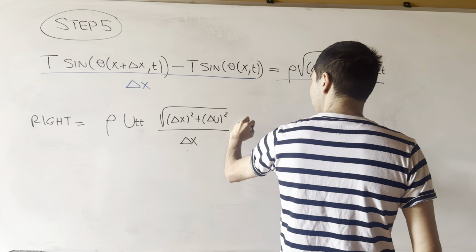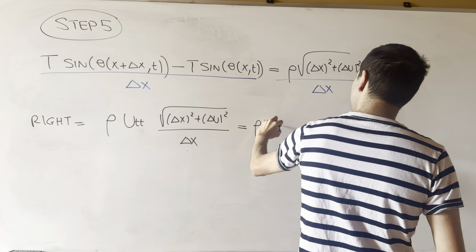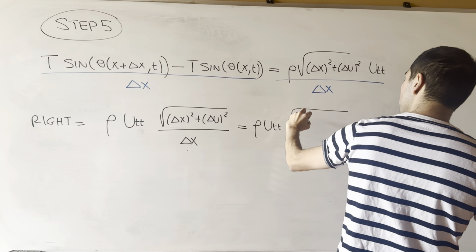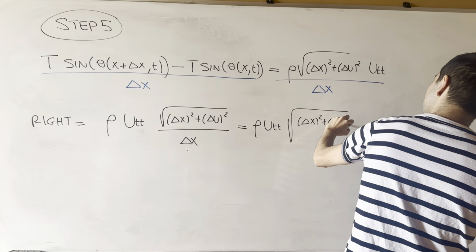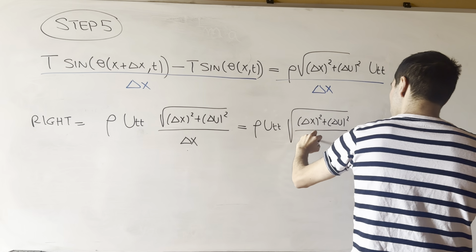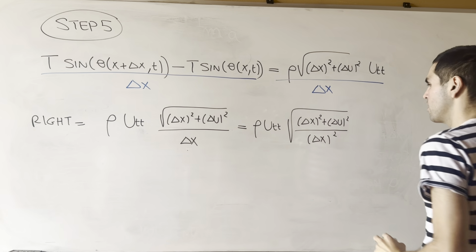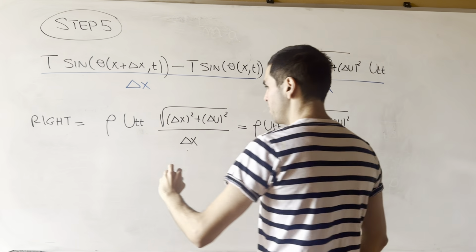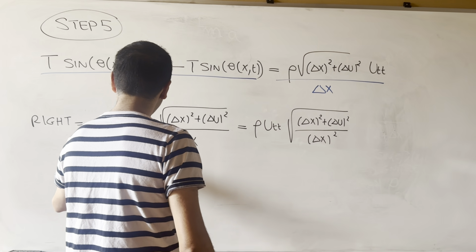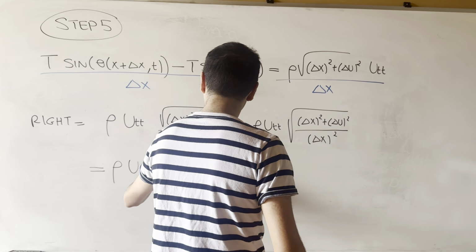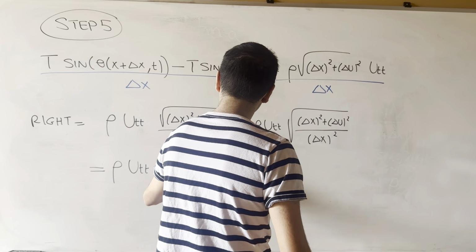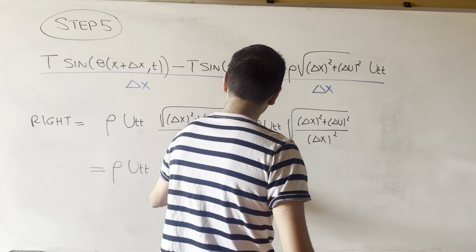So this is the same thing as rho u_tt square root of delta x squared plus delta u squared over delta x squared, which now you can simplify to become rho u_tt square root of 1 plus (delta u over delta x) squared.